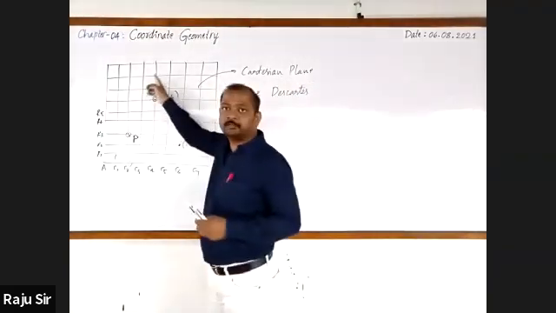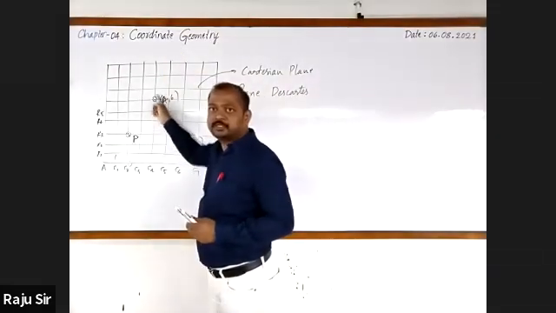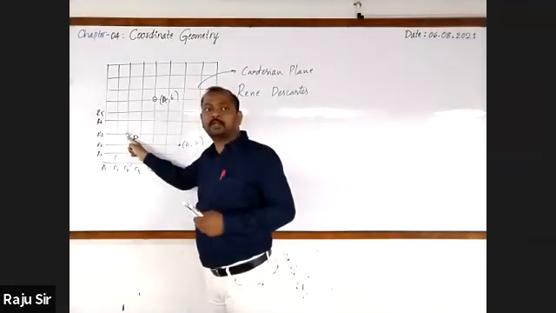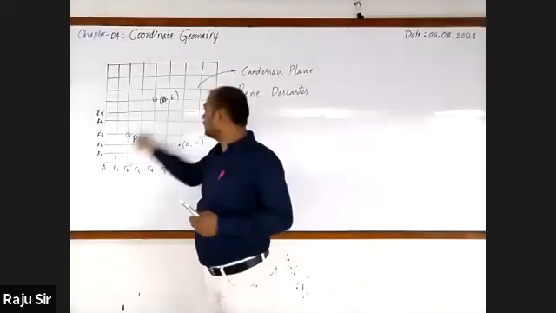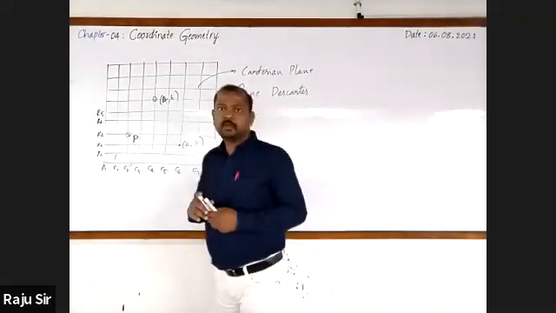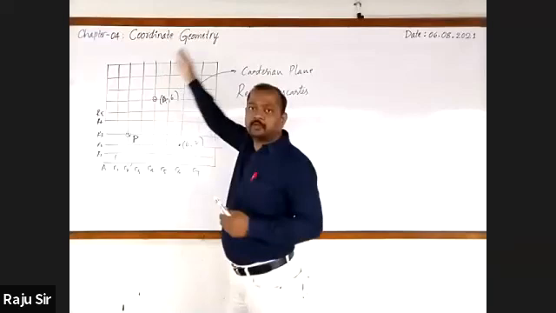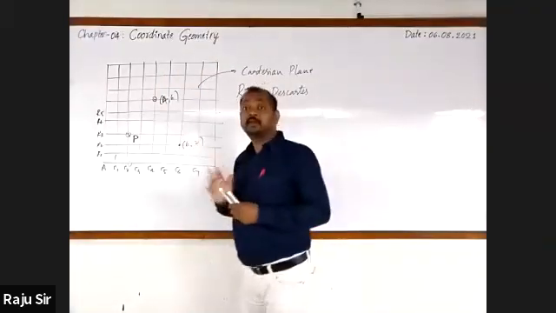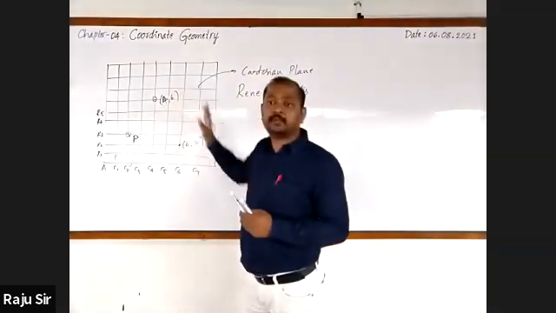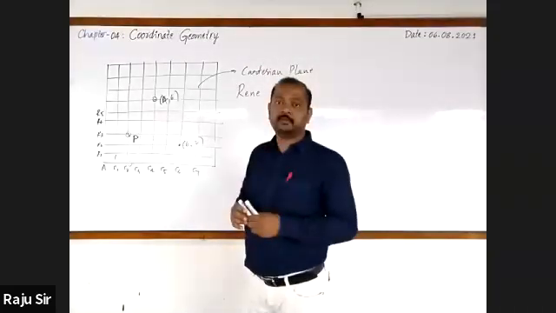First definition: coordinate geometry is the branch of mathematics which gives the relationship between the exact position of a point on a plane and a pair of algebraic numbers. Got it? Next, René Descartes is considered as father of coordinate geometry. Next, the plane which is used for locating the position of a point is called Cartesian plane.